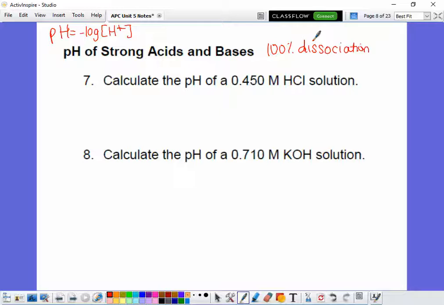So let's look at HCl. HCl, that is a strong acid. It completely dissociates into H plus and Cl minus. 100% dissociation, 100% conversion. So it becomes a stoichiometric problem here. So the concentration of HCl, the 0.450 molar, that is completely converting into H plus and Cl minus.